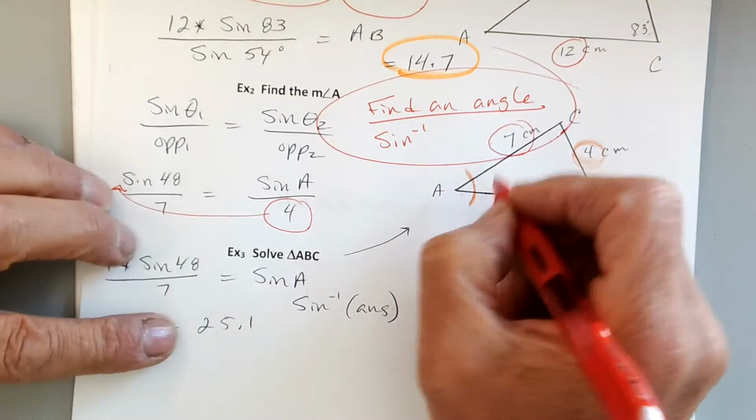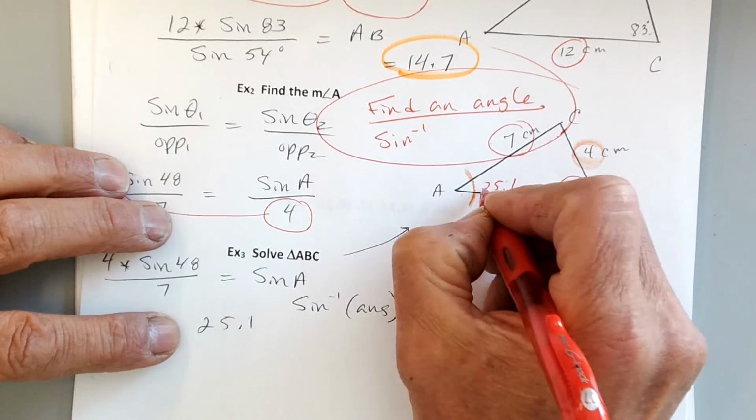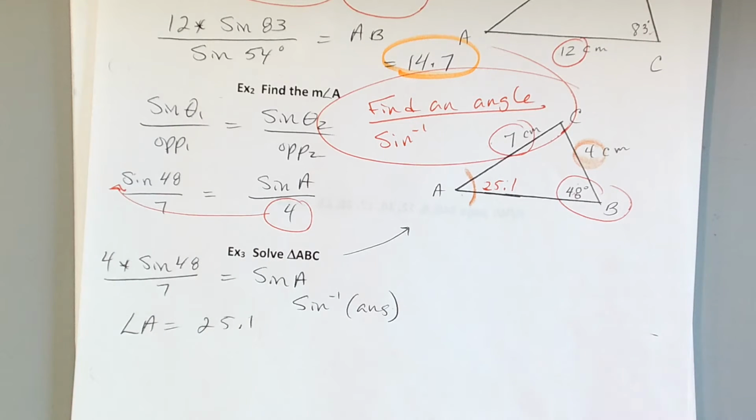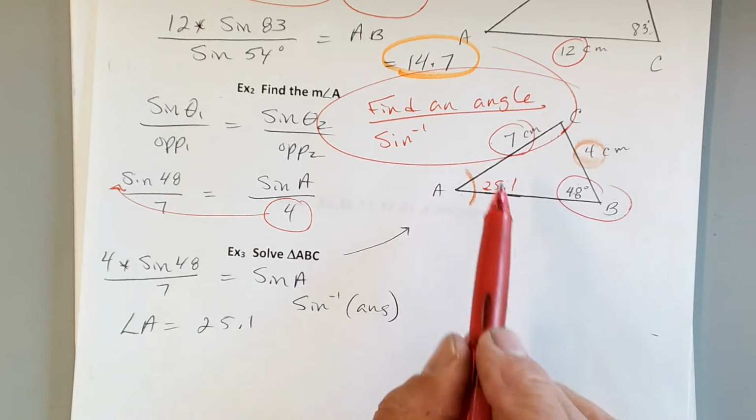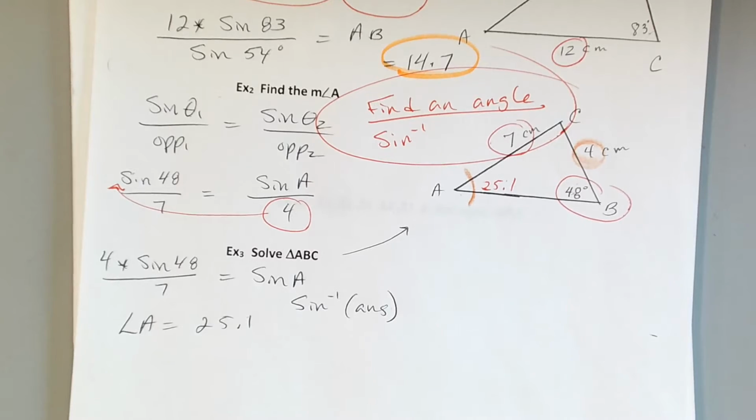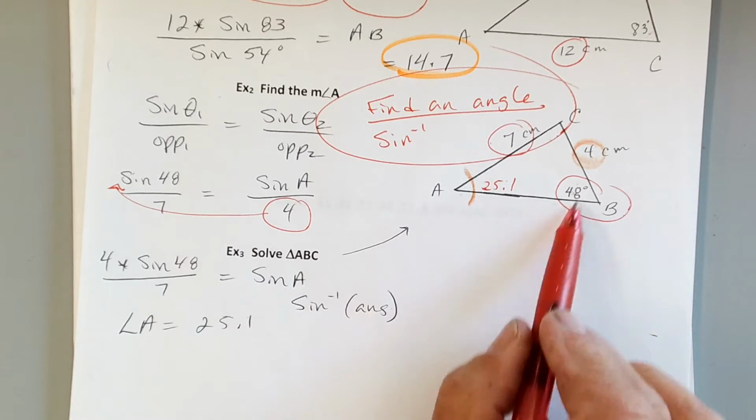Now, if this angle's 25.1, and if we have to solve the triangle, there's still some things we don't know, okay? Well, now we're going to get into a little bit of geometry. So if I take a look at what I have in this triangle, there's one more thing I can find easily. What can I find easily in this triangle?